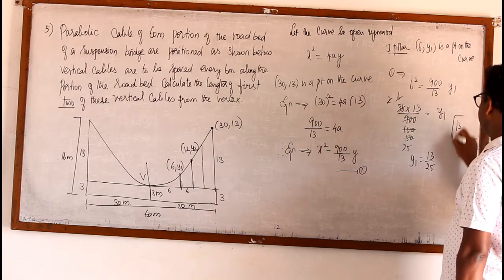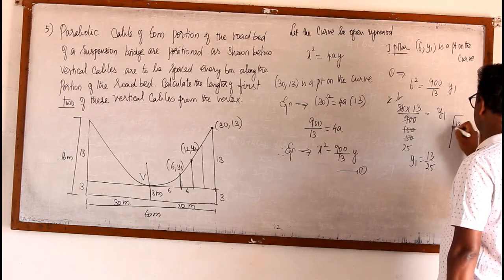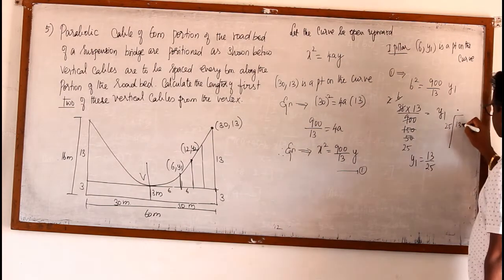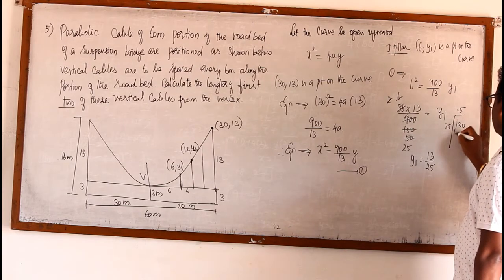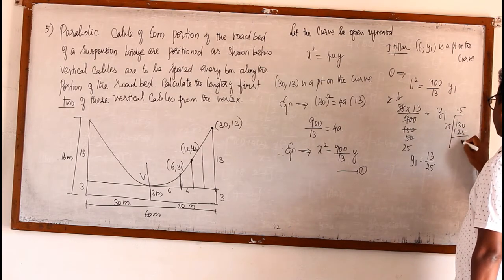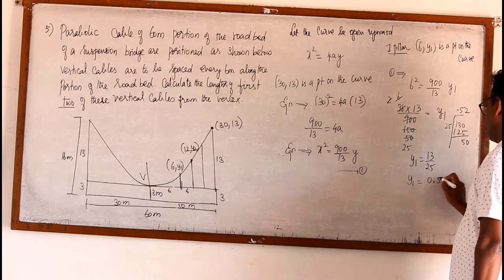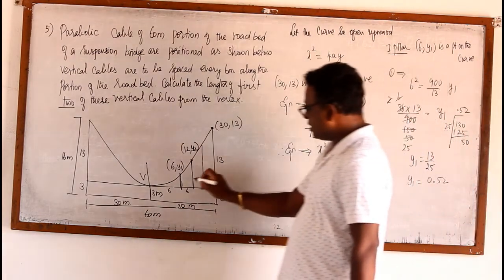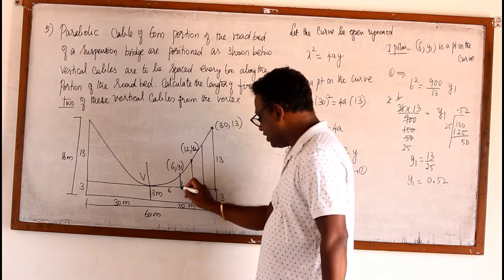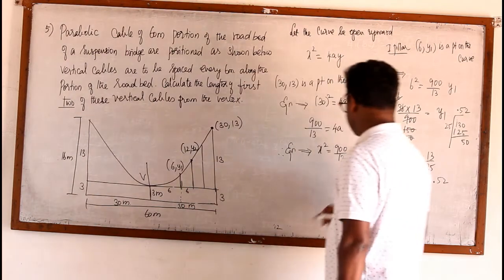When we divide 13 by 25, we get 0.52. So y1 equals 0.52. This length is y1, but I have to include this 3 meter too.